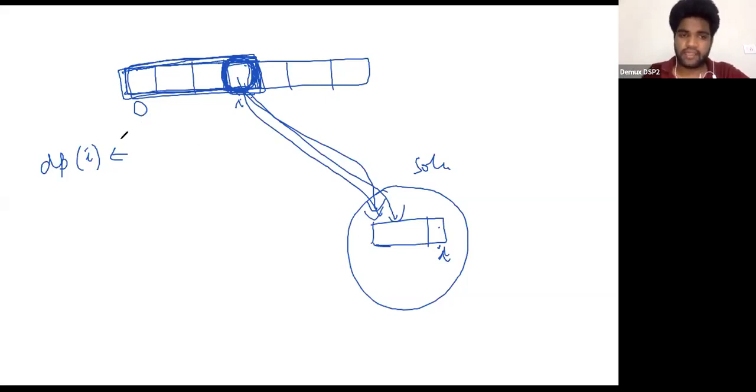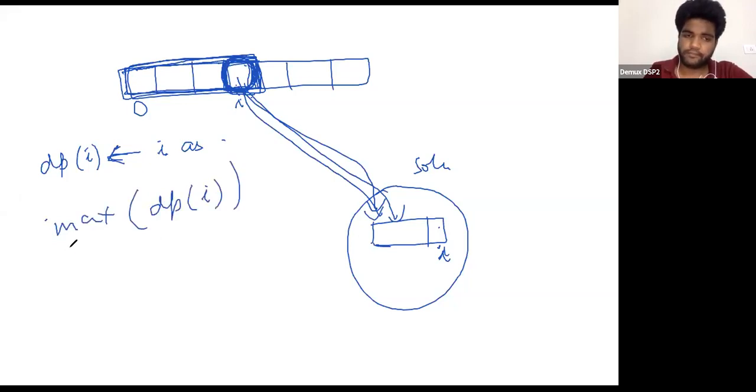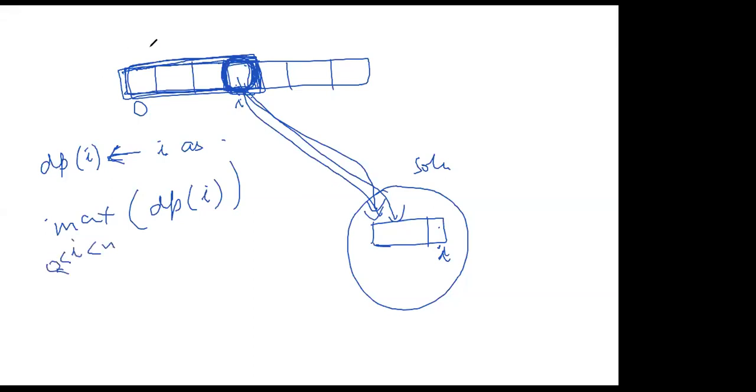So now I am saying that if dp of I is the largest sum subarray with I as the last index, or including I, then my actual answer is the maximum across all dp of I. Right?